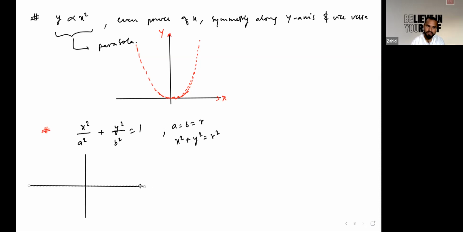From the above statement, an even power of x gives a symmetrical curve along the y-axis, and similarly an even power of y gives a symmetrical curve along the x-axis.